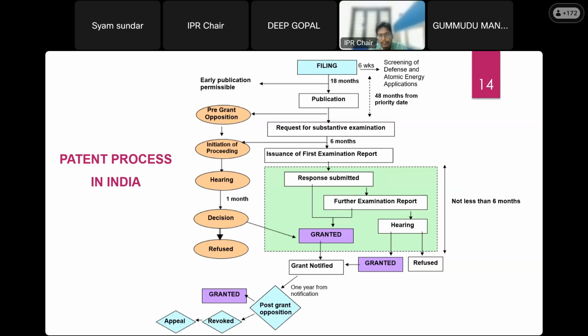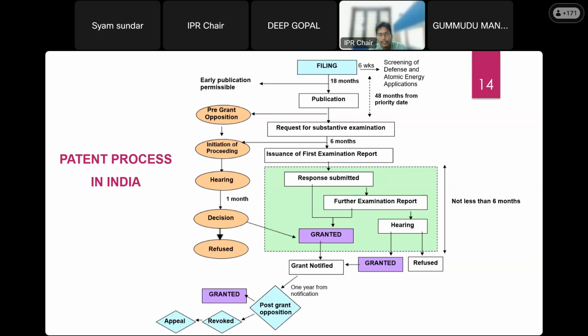Basically, why did they make it mandatory? Because if your invention is related to some atomic energy application or something like that, they want to check it, because the patent office or government of India won't allow that kind of secret information or those kinds of patents to be filed in some other country.